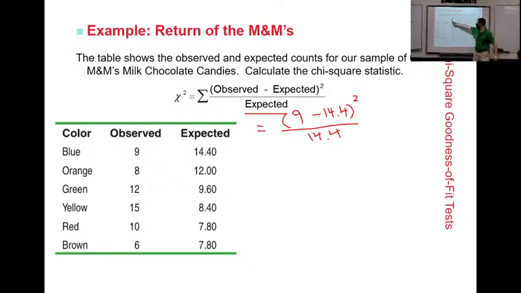And this is a summation, which means we are going to add together the next term. You're going to do the same thing for orange, and then the same thing for green, yellow, red, and brown. Add all of the pieces together, and that will give you the entire statistic. So take a couple minutes and do that.